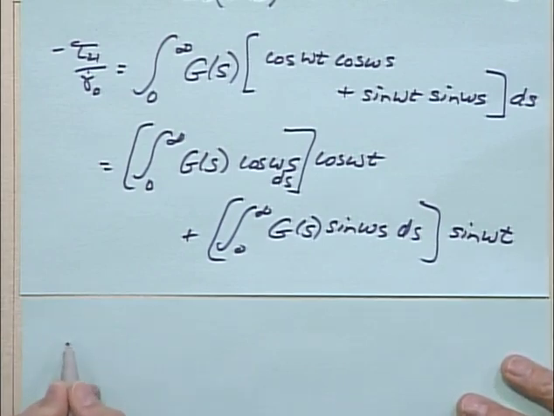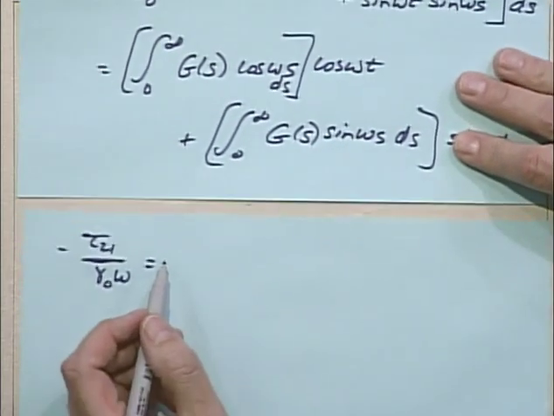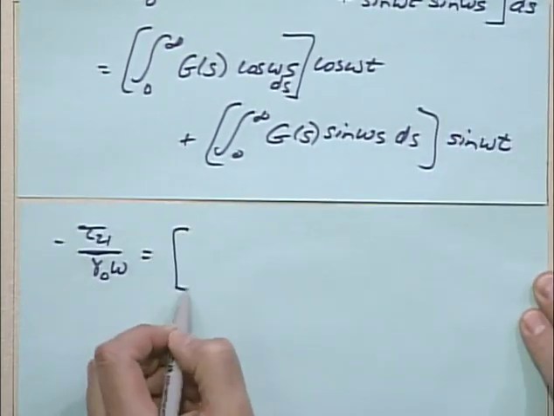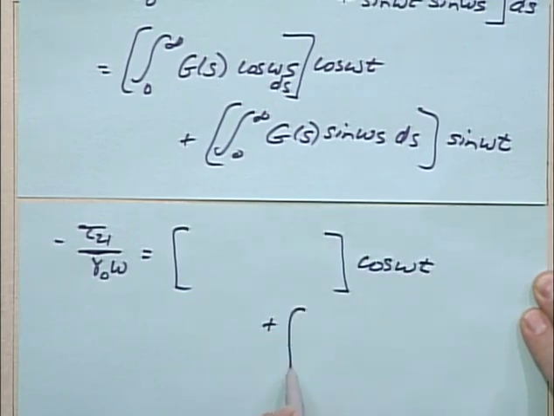So I have minus tau 2,1 over gamma naught, not dot, gamma naught omega equals, now I'll just do this to emphasize what I said, something times cosine omega t plus something times sine omega t.